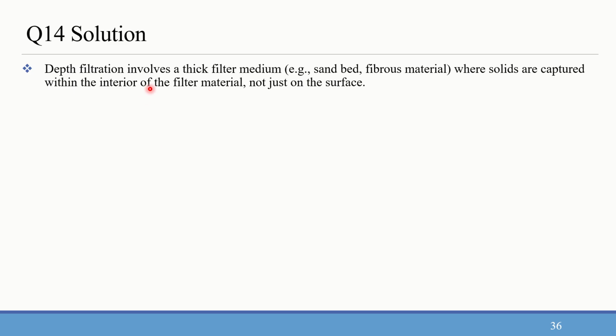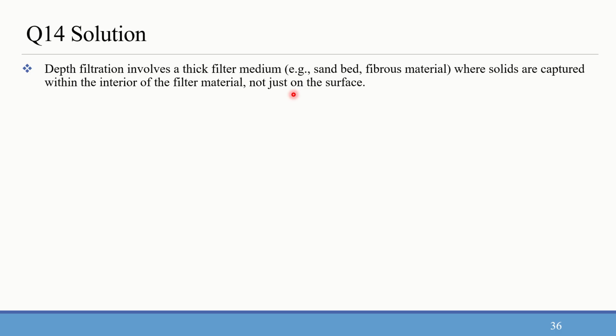Depth filtration involves a thick filter medium, that is a sand bed or fibrous material, where solids are captured within the interior of the filter material, not just on the surface. Mostly if we use filter cloth, the solid material captured will be on the surface. But in depth filtration, solids are captured within the interior of the filter material.